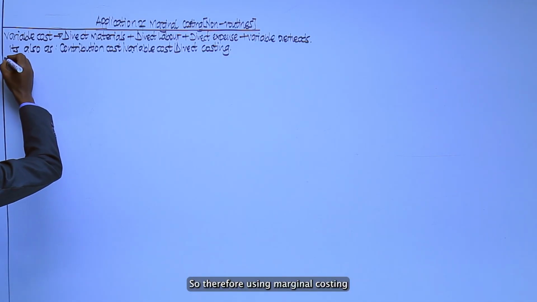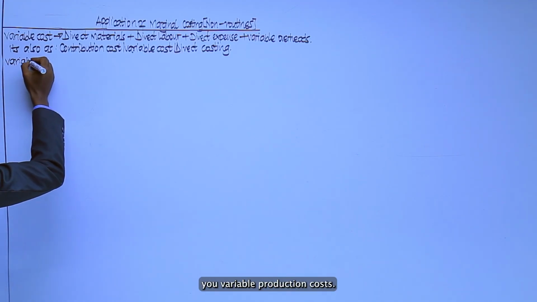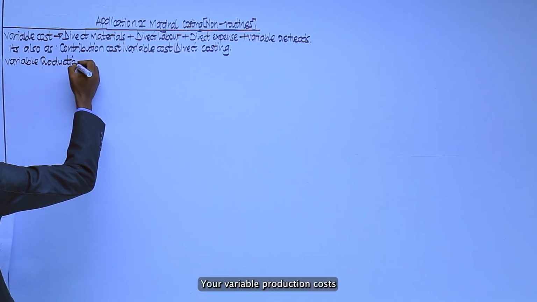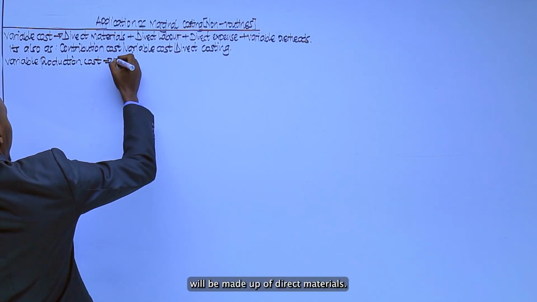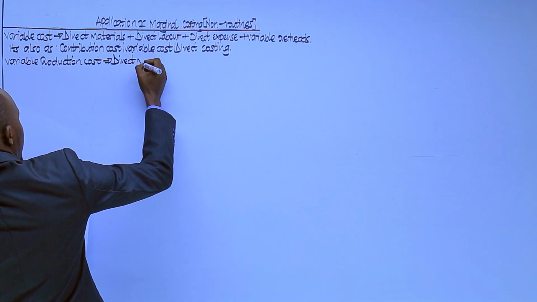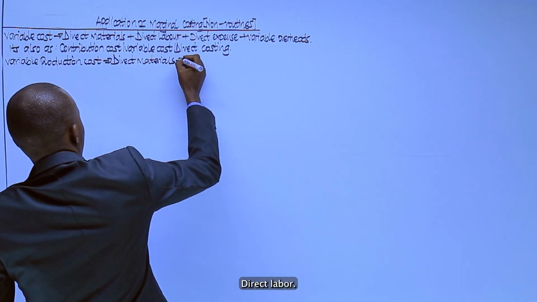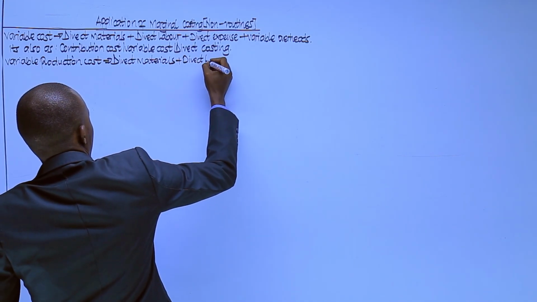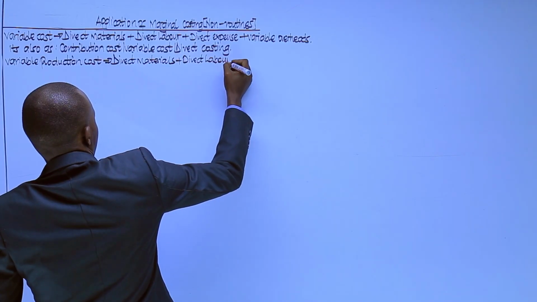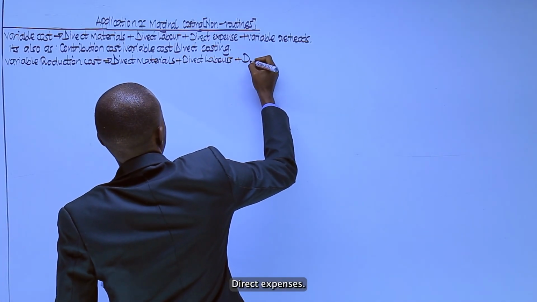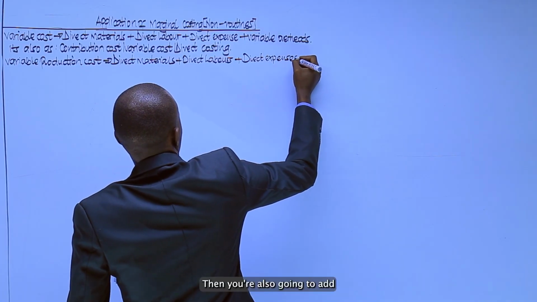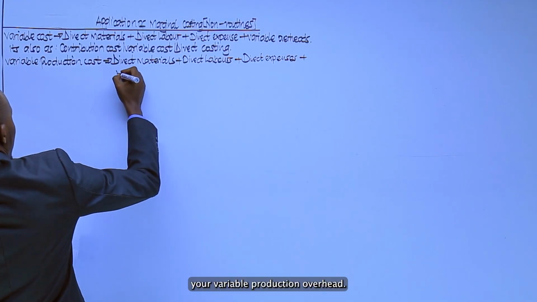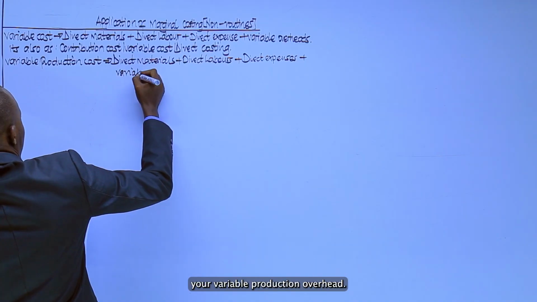So using marginal costing, your variable production costs will be made up of direct materials, direct labor, direct expenses. Then you're also going to add your variable production overheads.